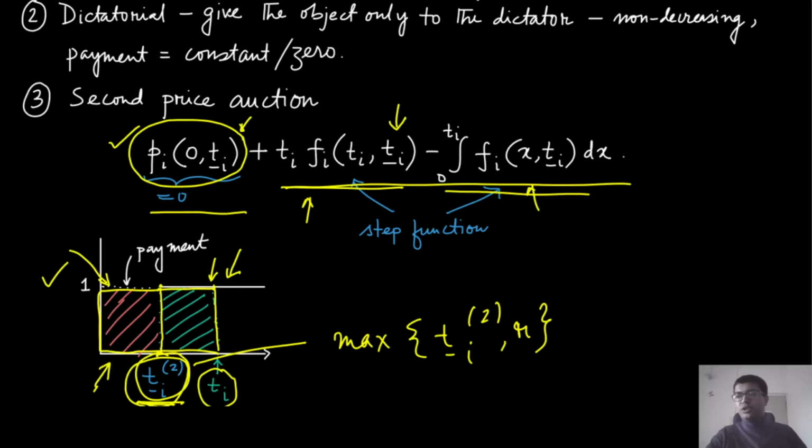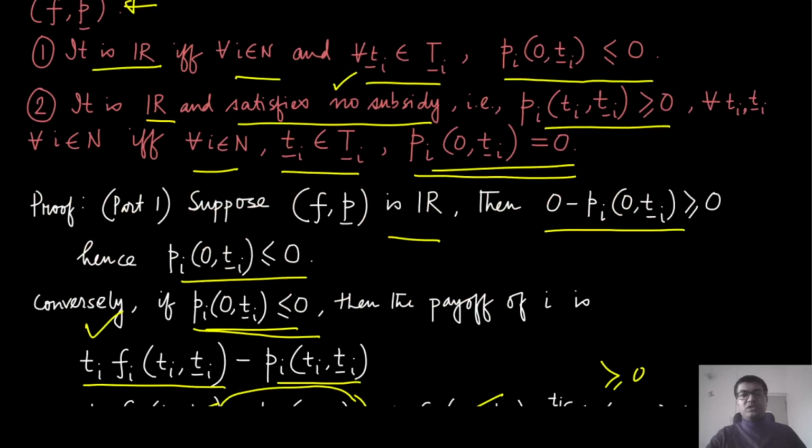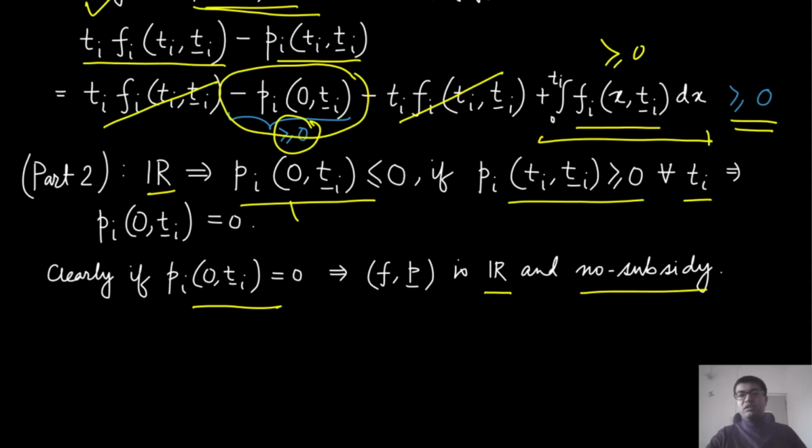So the payment is always non-negative, so it is a no subsidy mechanism. Okay, so that was two implications of the property of individual rationality on this constant factor. This will be useful when we try to prove some characterization result later on.